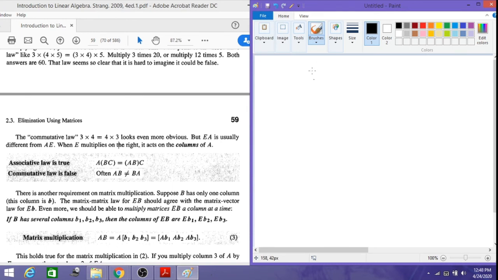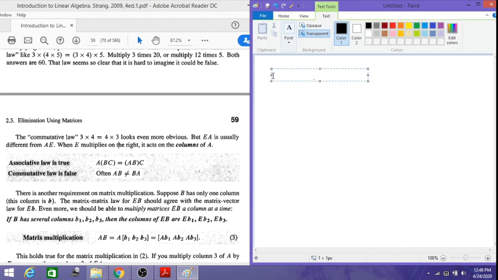So it means the commutative law is that, I'll come to that. First let me write this here. So associative law is true, which is nothing but A of BC is equal to AB into C, whereas the commutative law is false.